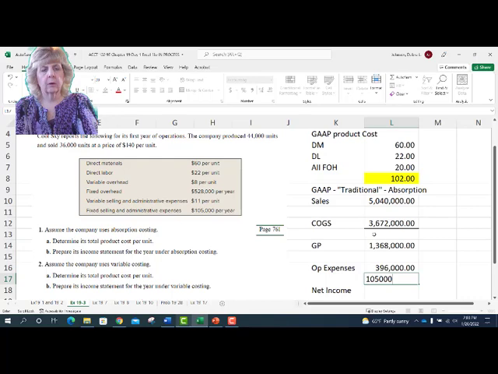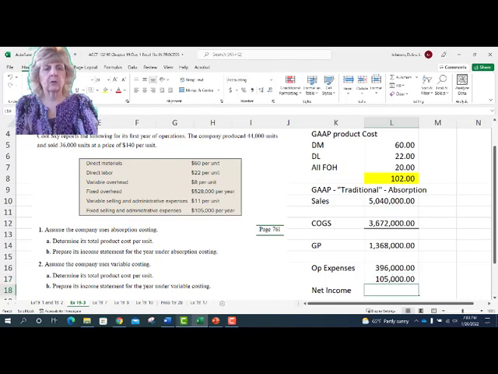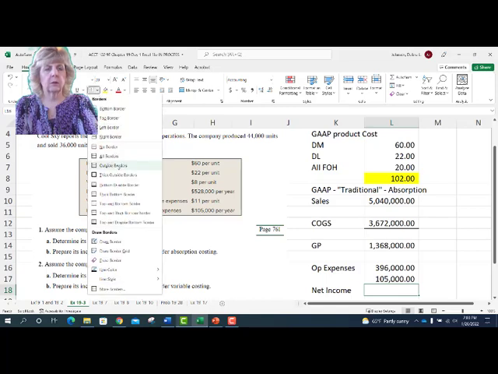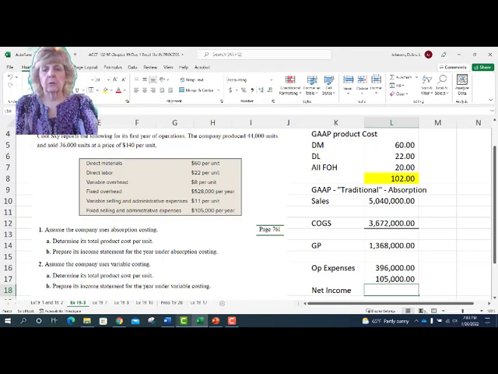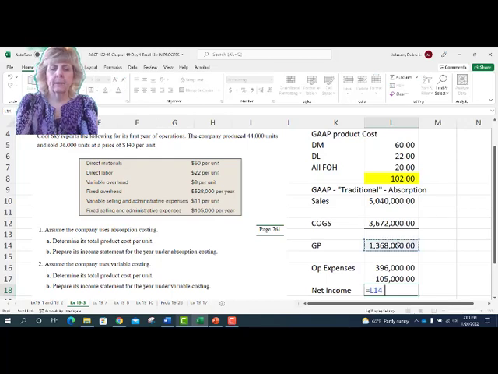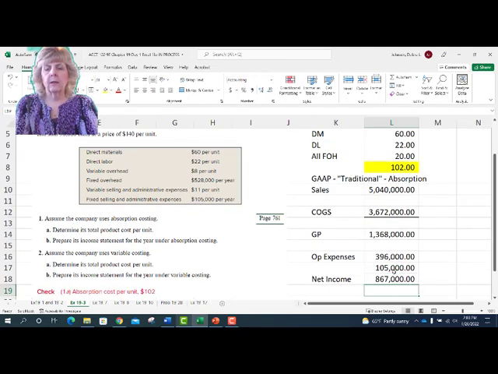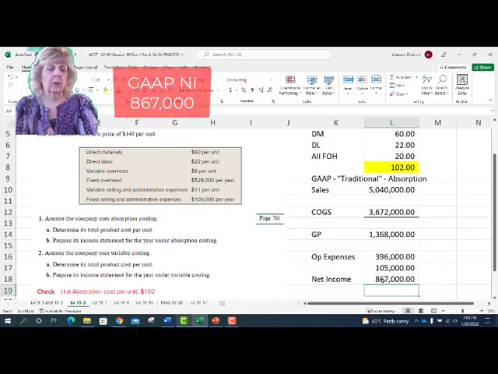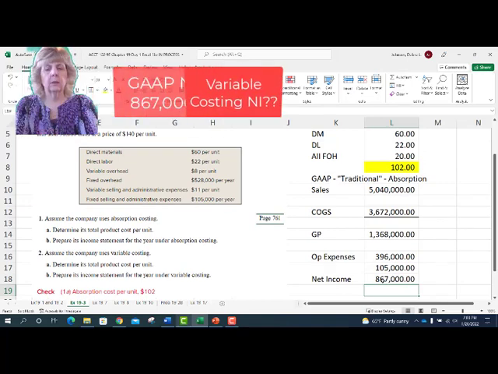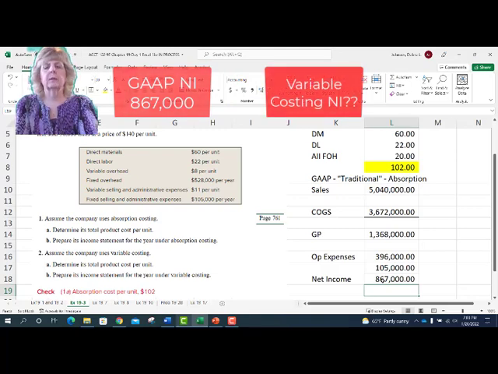Operating costs are period costs, so they're expensed no matter which of these two methods we're using. And when I compute my net income by subtracting out those operating expenses, we got a net income of $867,000.